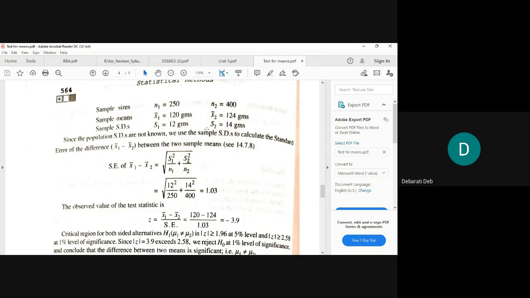Next you write, since the population SDs are not known. This line you will have to write whenever the population information is not given, and then you replace sigma 1 and sigma 2 by S1 and S2.